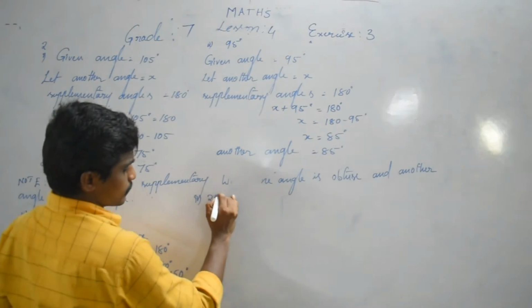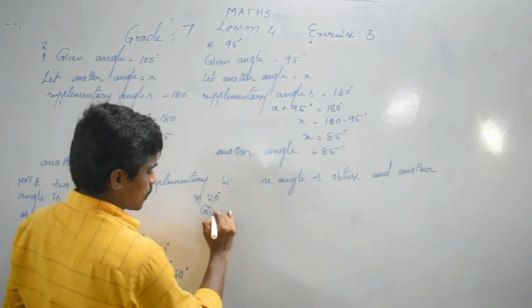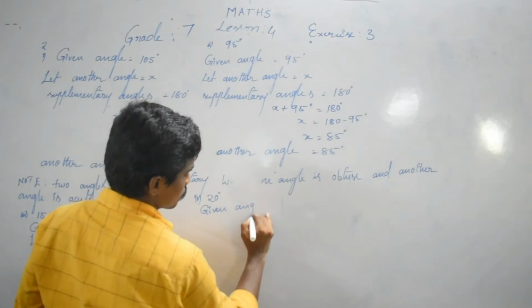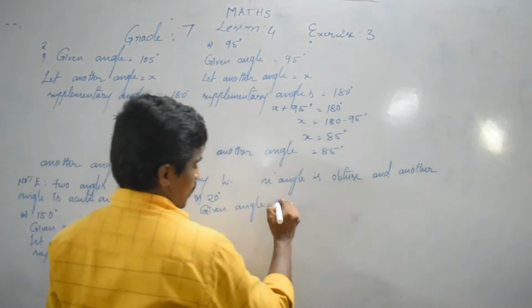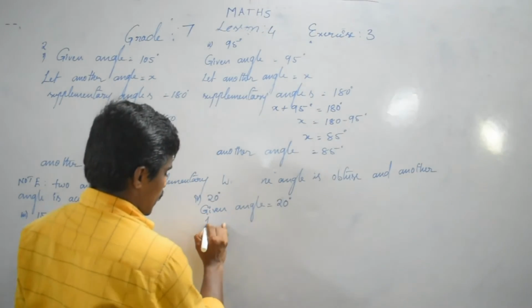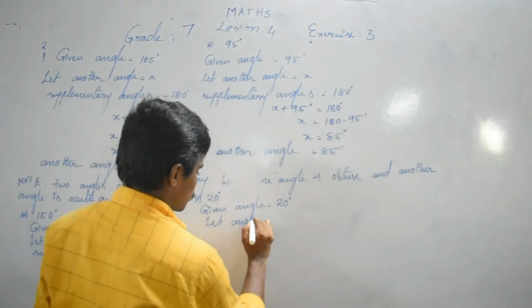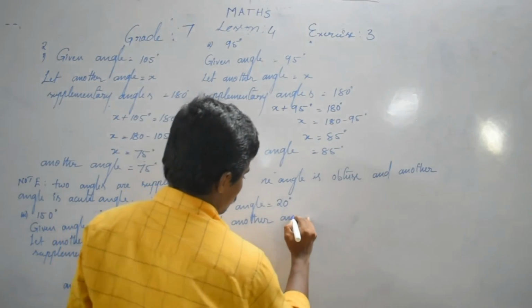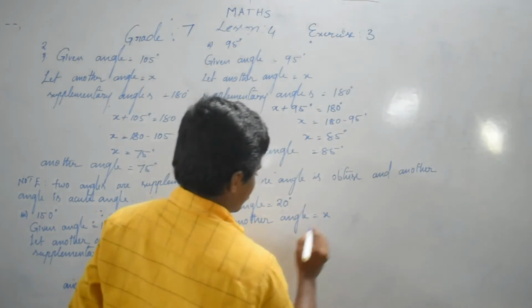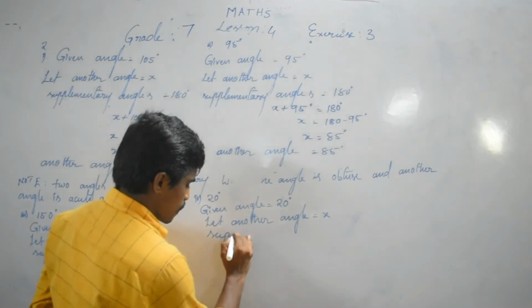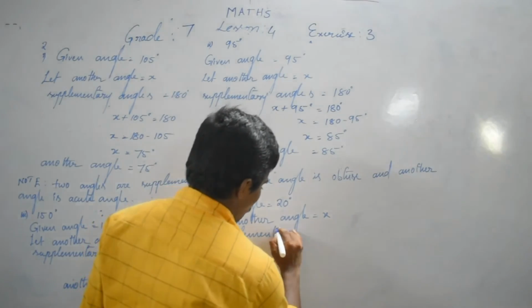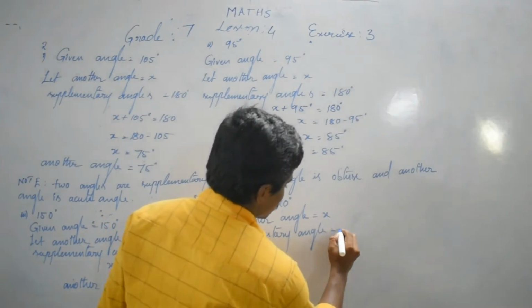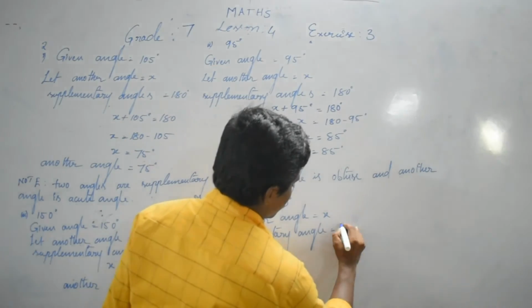Next one, fourth one, 20 degrees. So given angle 20 degrees, supplementary angles sum to 180 degrees.